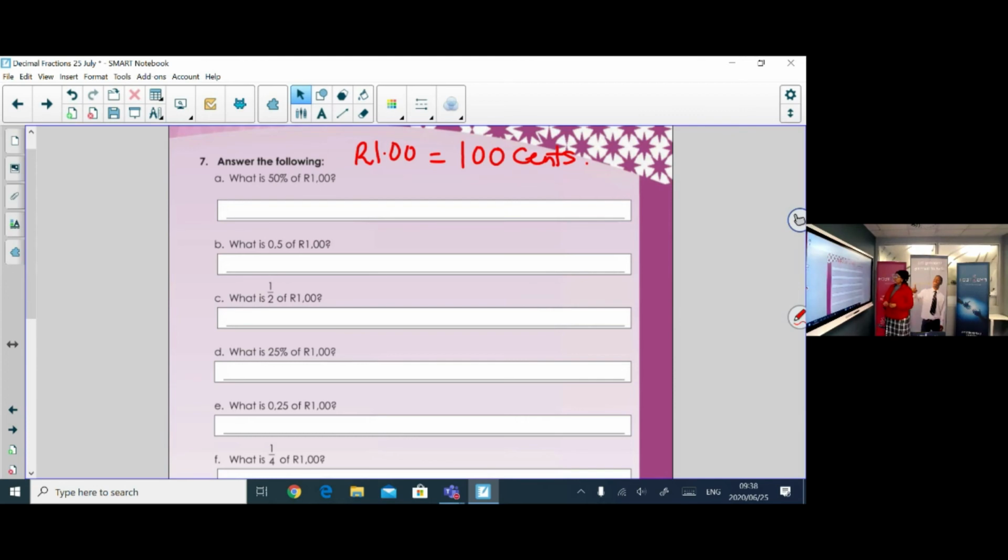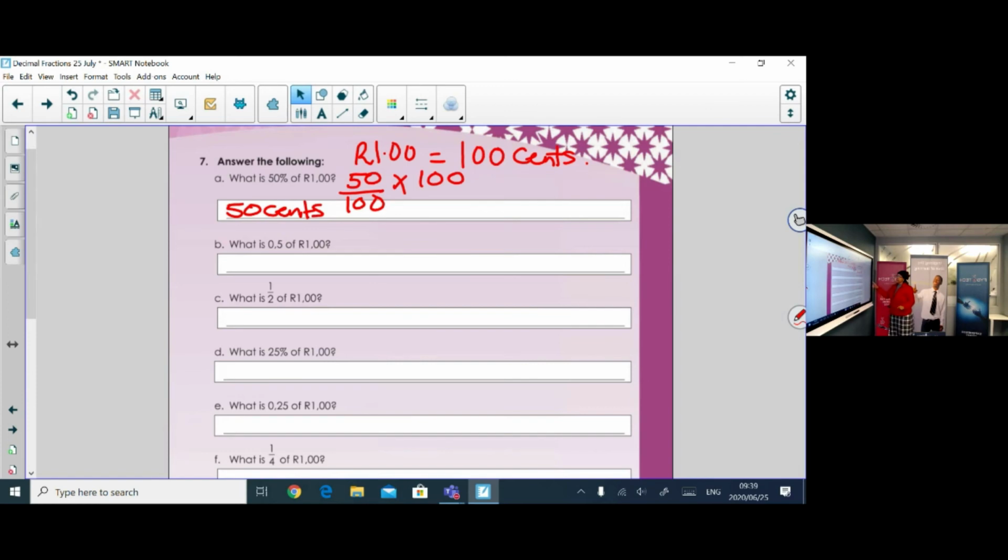And then you know that when you do 50% of 100 cents, 50% we have seen is the same as 50 out of 100. And we multiply that. And when you use your calculator, you get 50 cents, the answer.